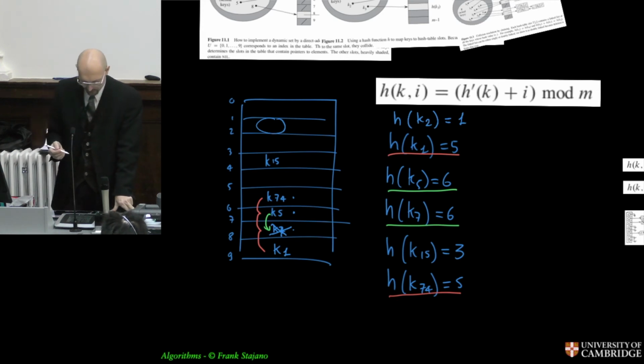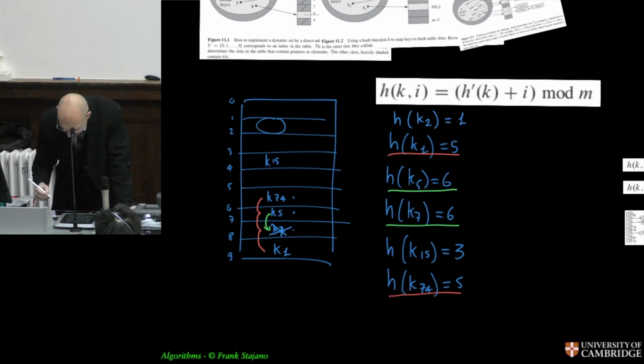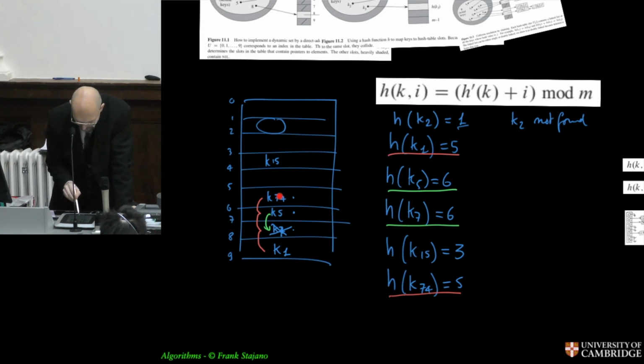But now what happens if I look for K1? K2 was not found because the slot in position 1 was empty. Now if I look for K1, K1 hashes to 5. So I look in position 5, and it's occupied by something that's not K1, so I have to go look for the next one.